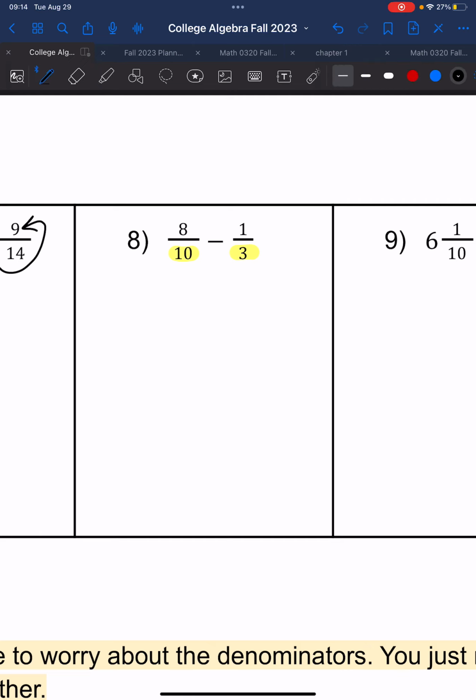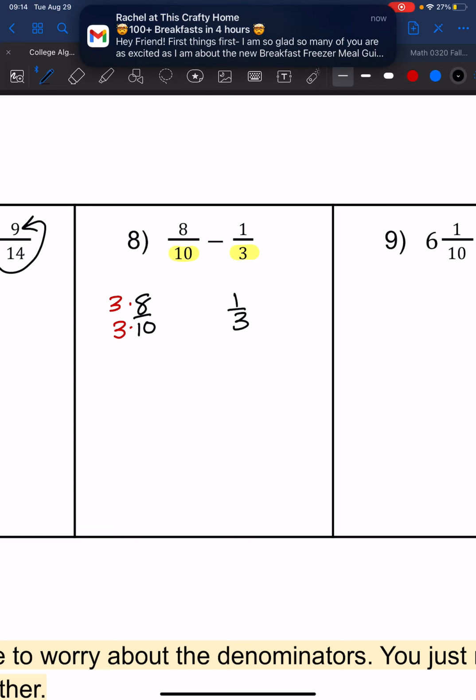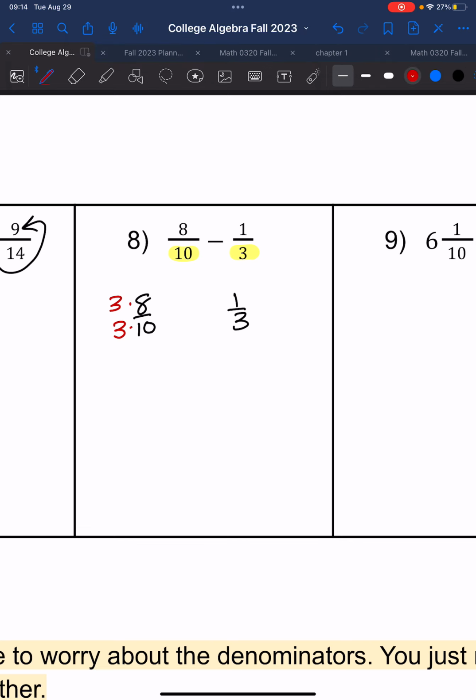So if I multiply 10 and 3 together, I'm going to have the new denominator of 30, meaning I'm going to have to take 8 over 10 and multiply top and bottom by 3. And then I'm going to take 1 over 3 and multiply top and bottom by 10.